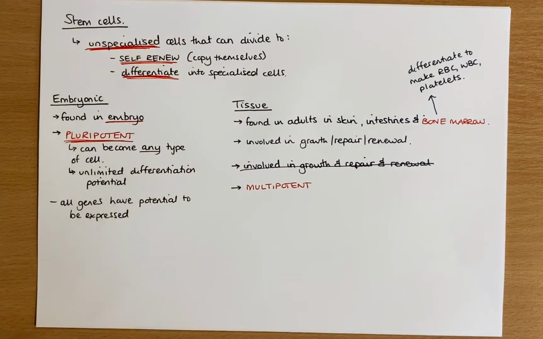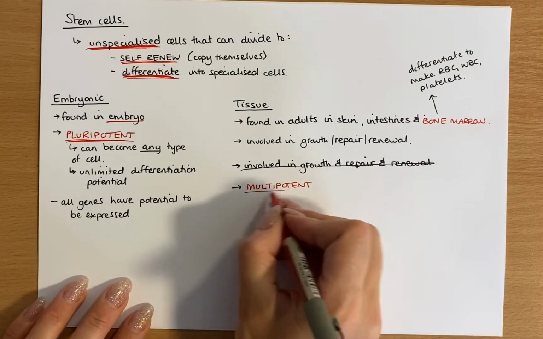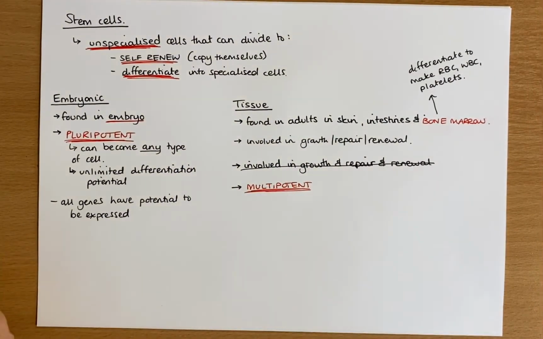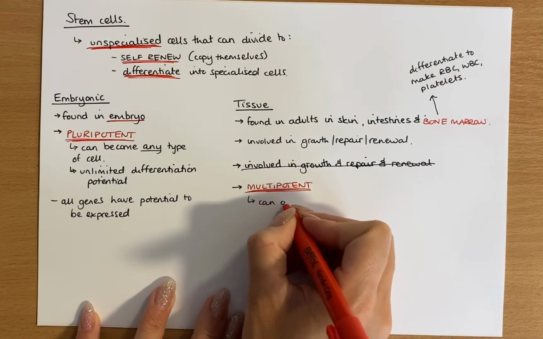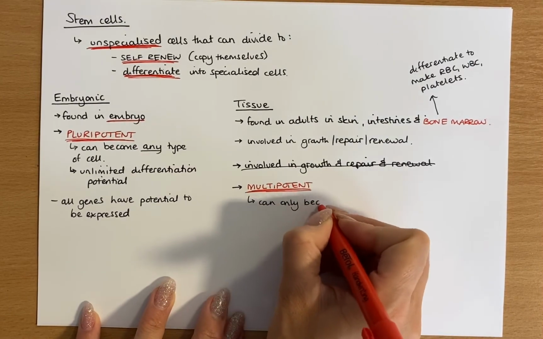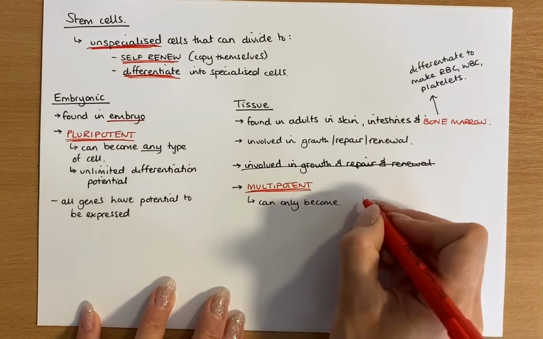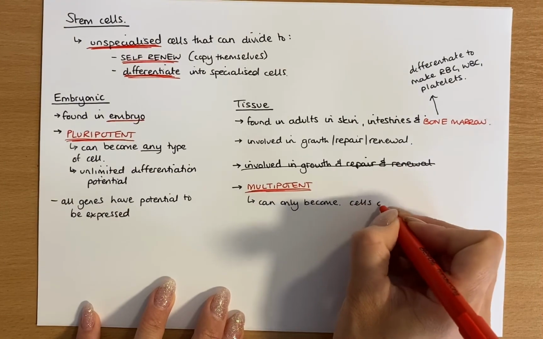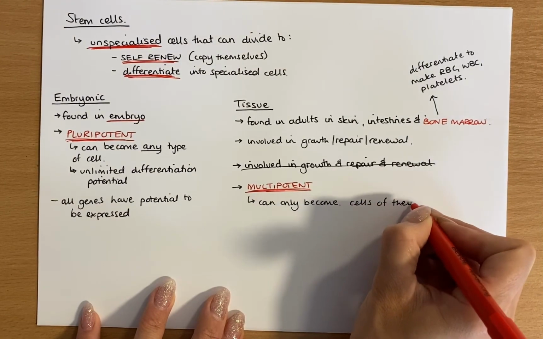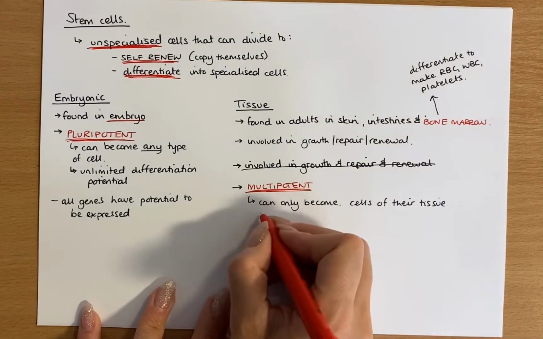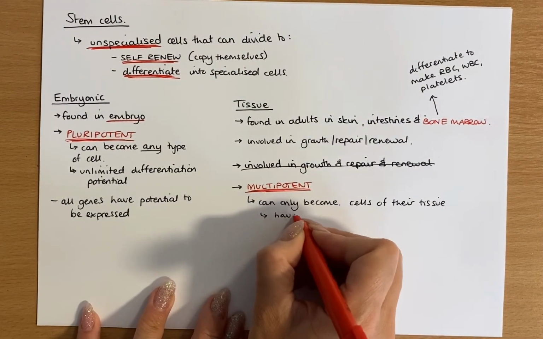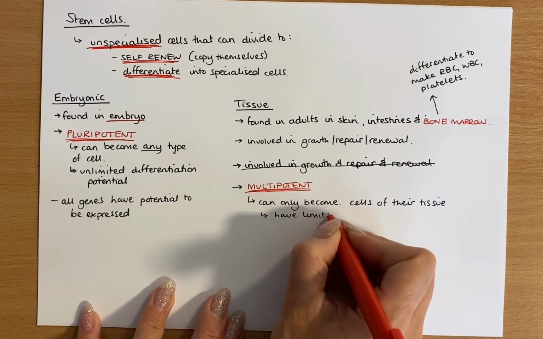Now, multipotent is different from pluripotent. Multi essentially means many, but it doesn't mean every type. So these can only become the cells of their tissue. So therefore they have a limited differentiation potential.